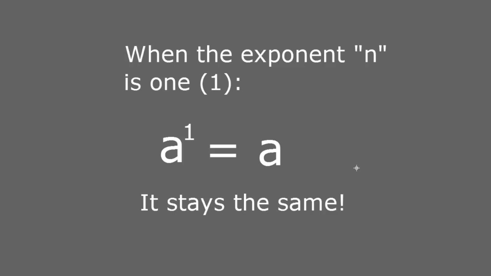Just like with multiplication, when you multiply something by 1, it equals itself. 5 times 1 is 5. You don't even have to write 5 times 1, you just write 5 because both are equal. So here we see that a times 1 equals a. That's why you're probably never going to see any number raised to the power of 1, the same way you're never going to see any number multiplied by 1, because they just equal that number.